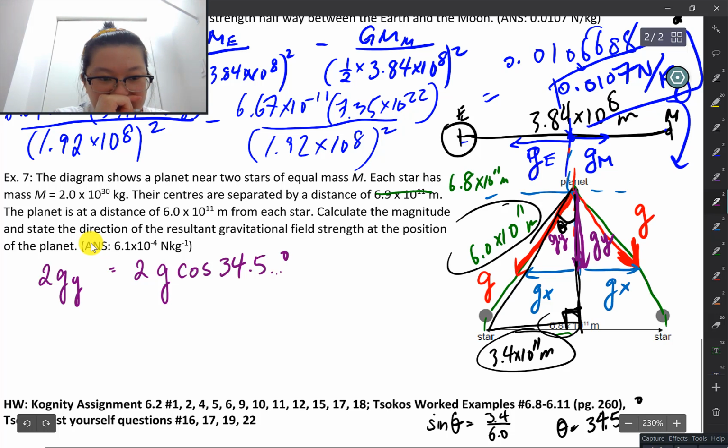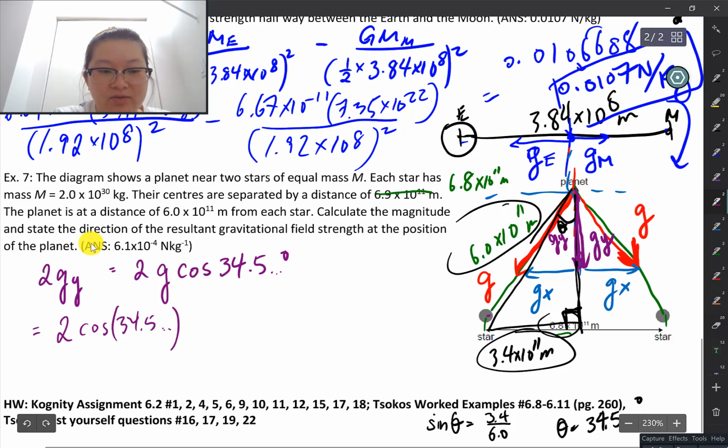And last but not least, we need to figure out what g is. Gravitational field strength is due to the star. Let me just put in the cosine of 34.5 first.